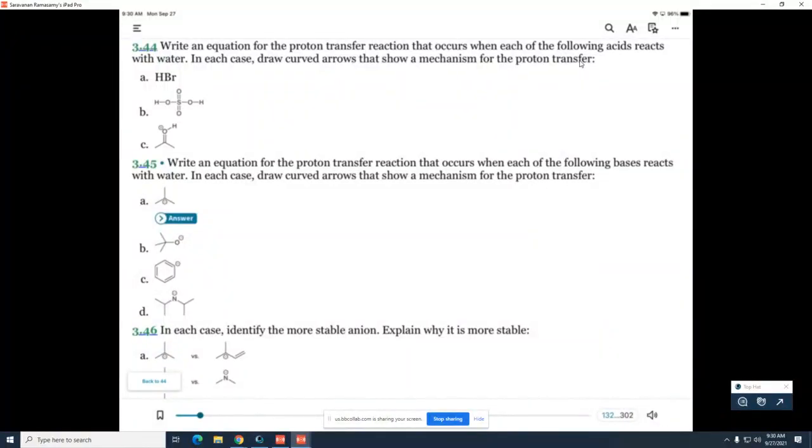They're all anions. Choose an anion that you'd like me to solve: A, B, C, D. Which one do you want to try? Hardest. Let's go with C.